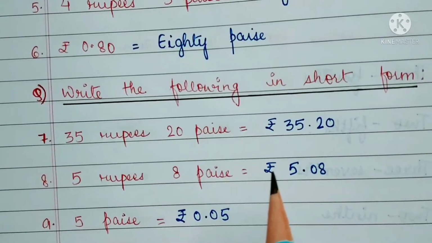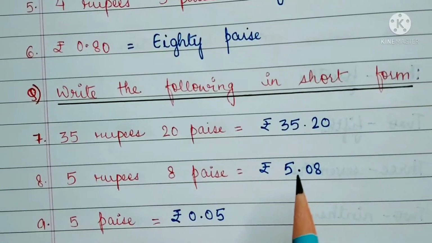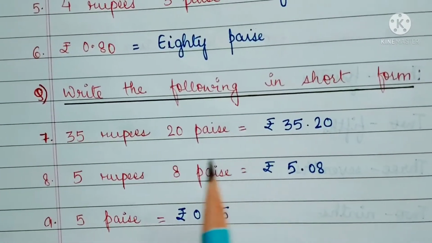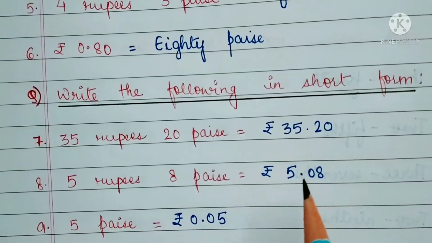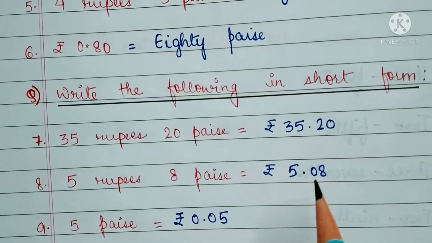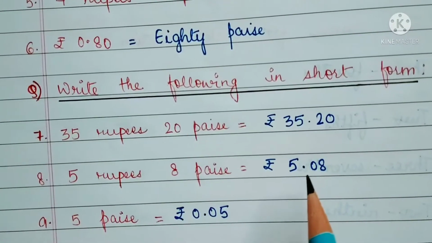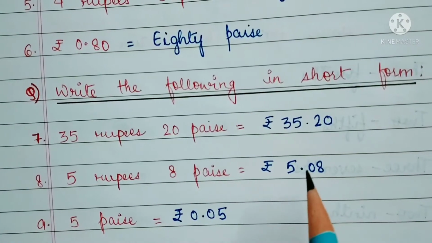Eighth question, 5 rupees 8 paise. So first we'll write the symbol for rupees, then 5 rupees, 5, then a dot to write paise. And children, again I am saying the same thing: paise is always written in 2 digits. So this 8 paise, we will not write 5.8.